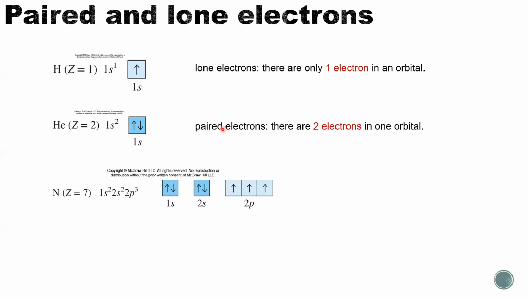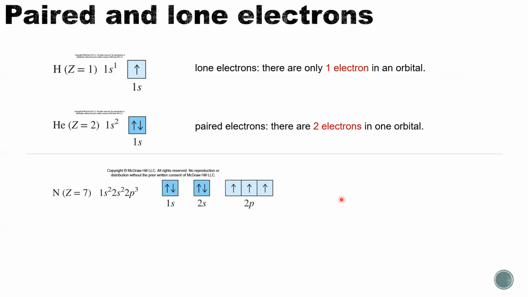For example, nitrogen's electron configuration is 1s2, 2s2, 2p3. The 1s and 2s are fully occupied by electrons, it's fine. But when we look at 2p, the p orbital has three orbitals at the same energy level, right? We call those degenerate orbitals, but that's fine.